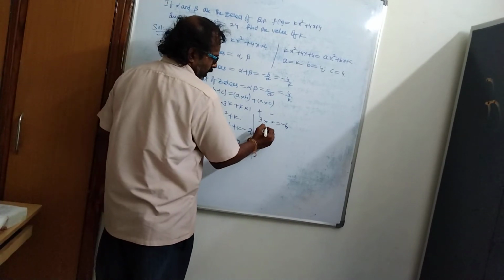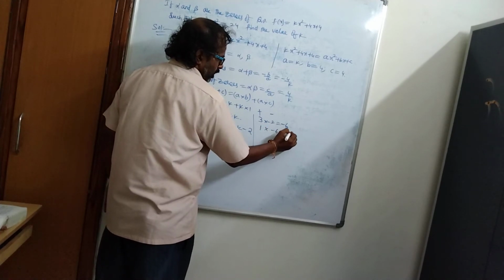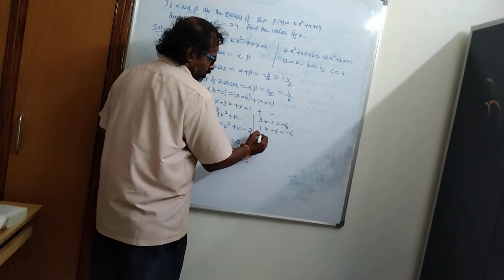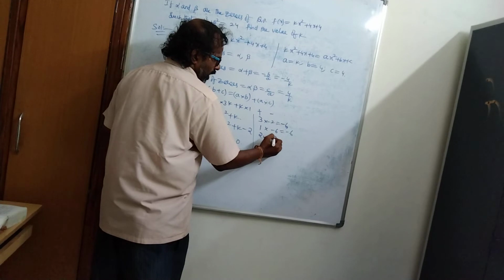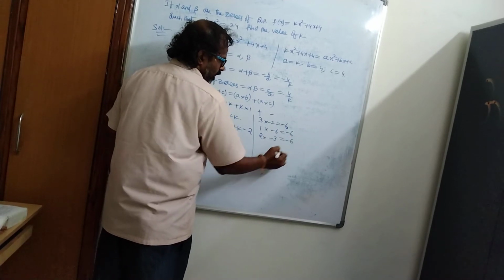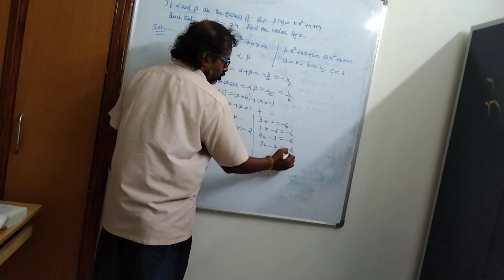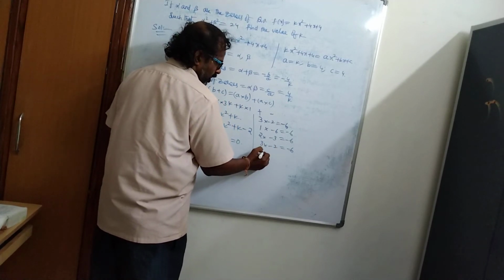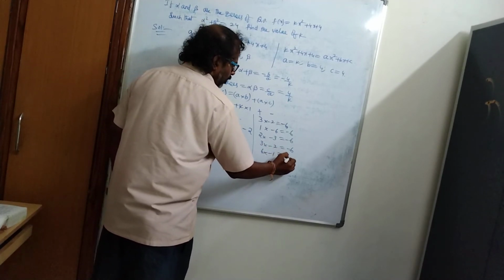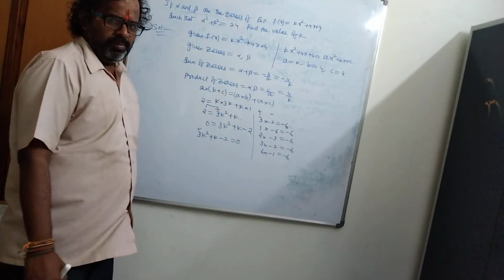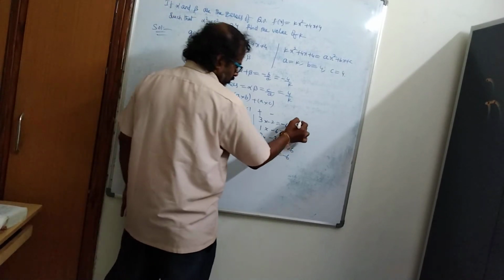So this is 1 into minus 6, that is minus 6, 2 into minus 3, so it is minus 6, 3 into minus 2, that is minus 6, 6 into minus 1, it is minus 6.